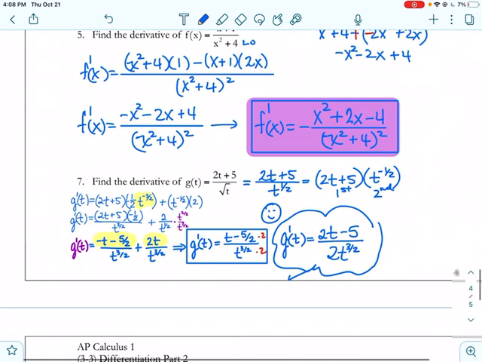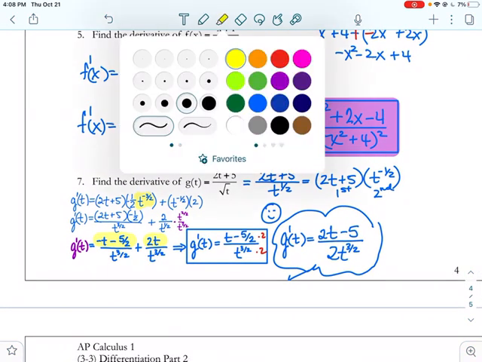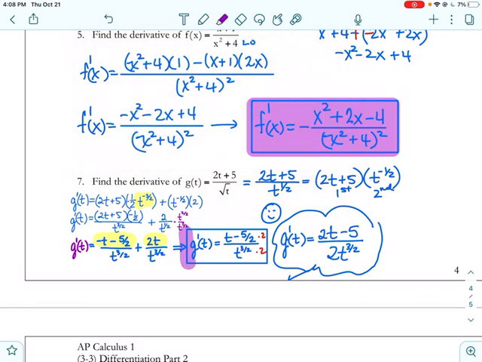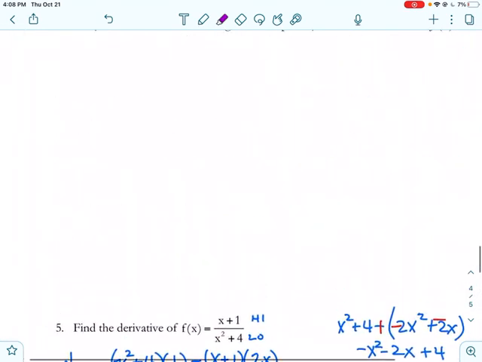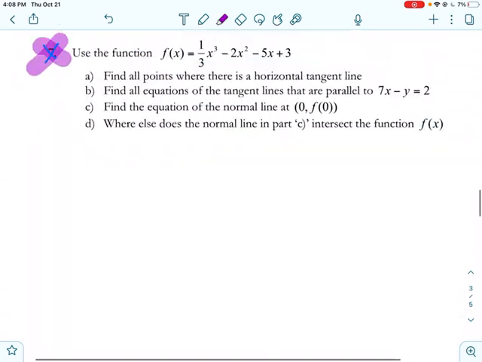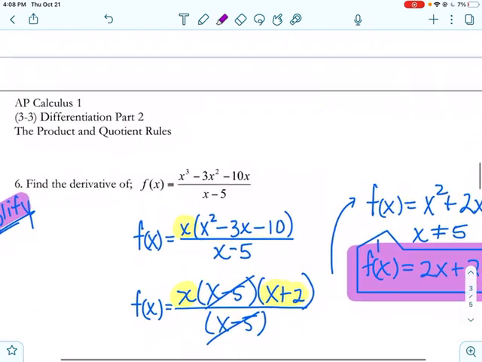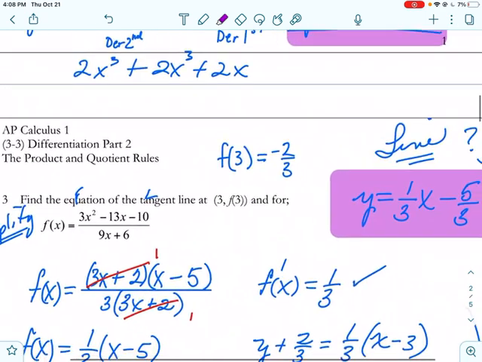Okay, so that finishes our section on product and quotient rules. Product and quotient rules are done. And then tomorrow when you come in, I have a little activity for you with tangent lines, and I think we got everything here, right?